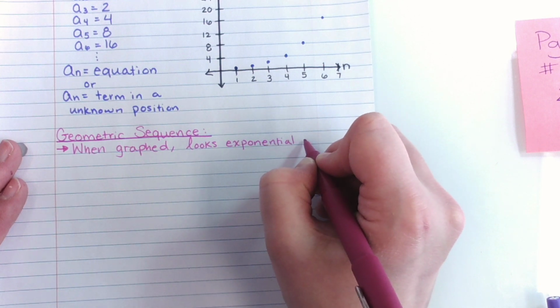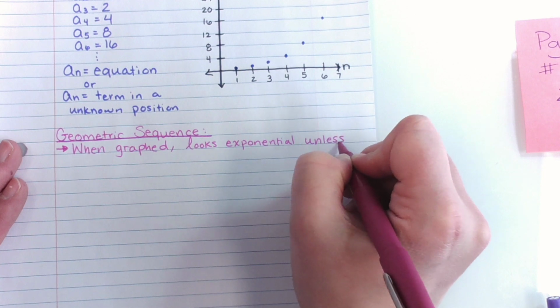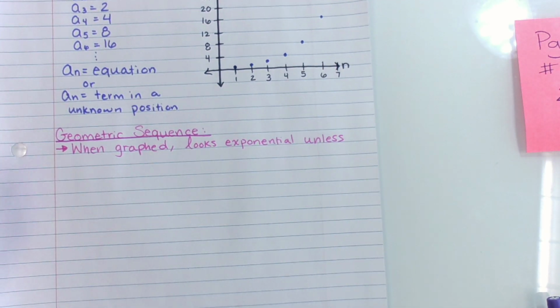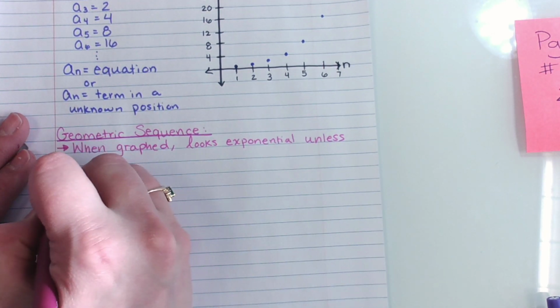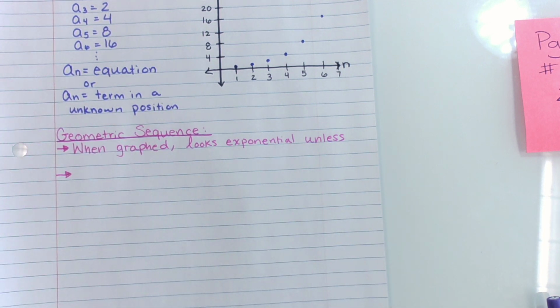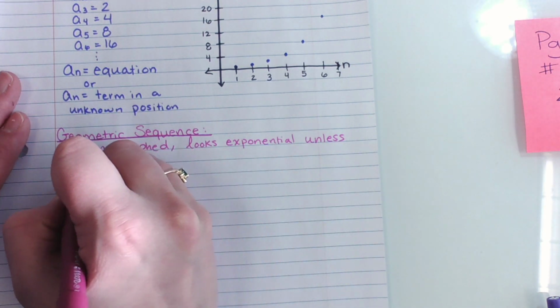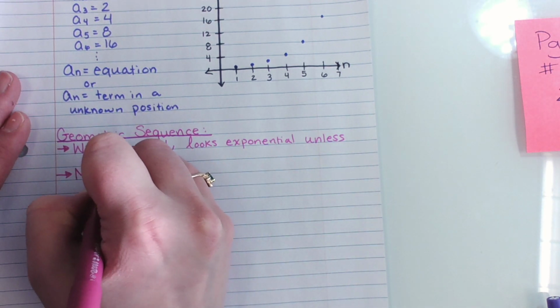It looks exponential unless, and I'm going to leave the next line for me to write the rest of that sentence here in a minute. Now the pattern that happened in this one, this 0.5, 1, 2, 4, 8, etc., was when we were multiplying by the same number from term to term.